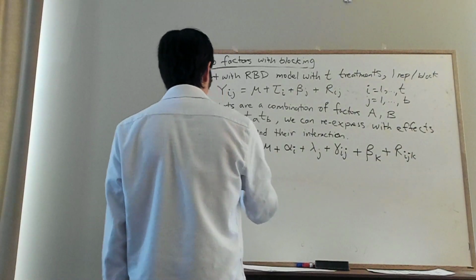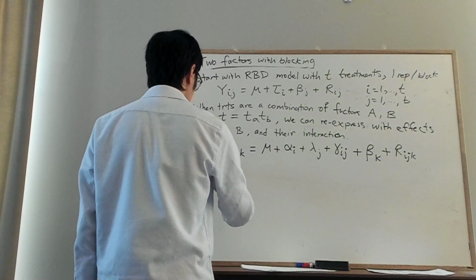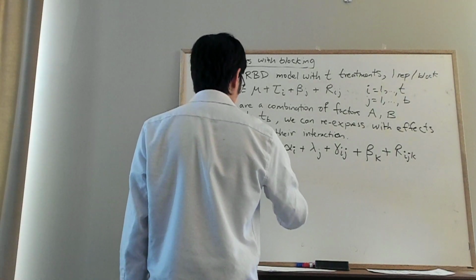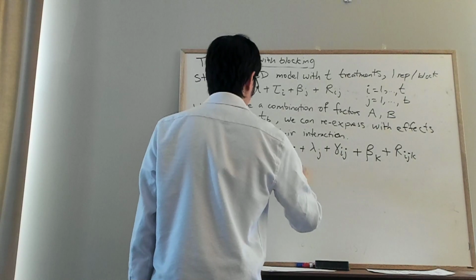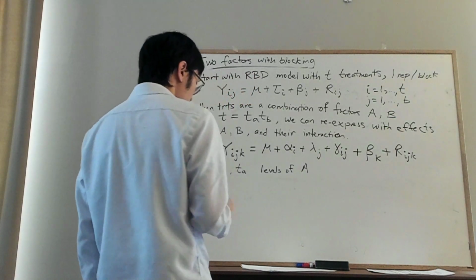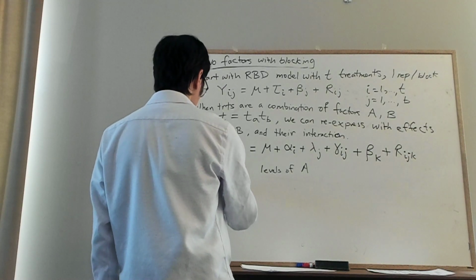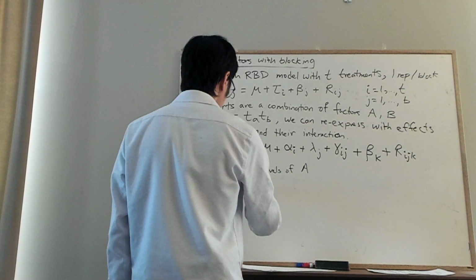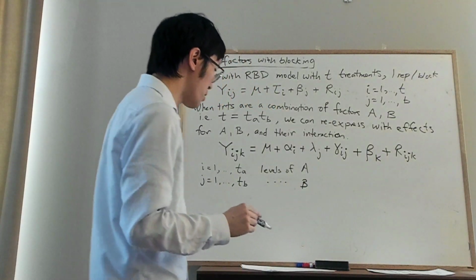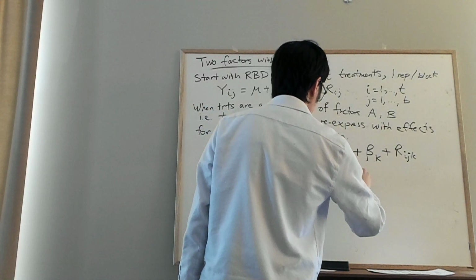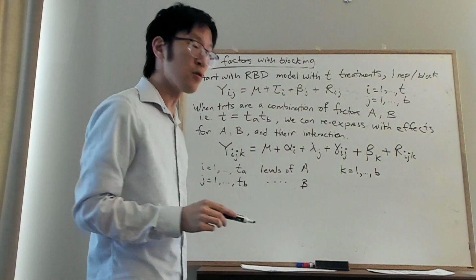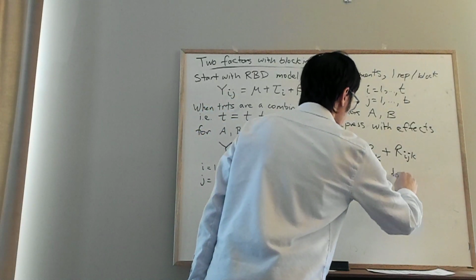So i goes from 1 to t sub A. So these are for the levels of A. j goes from 1 to t sub B. Those are the levels of B. And then k goes from 1 to b, and these are the blocks.